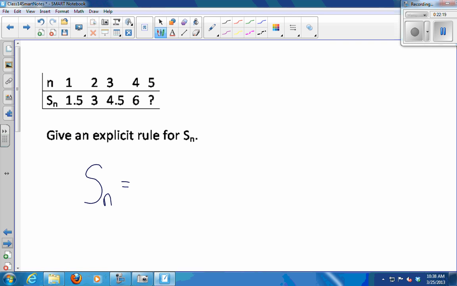So if you do 2n minus 0.5n, those are like terms, right? 2n and 0.5n. 2 minus 0.5 is 1.5n.